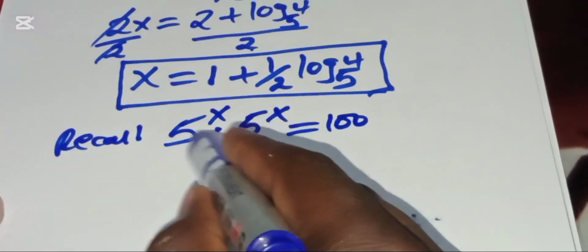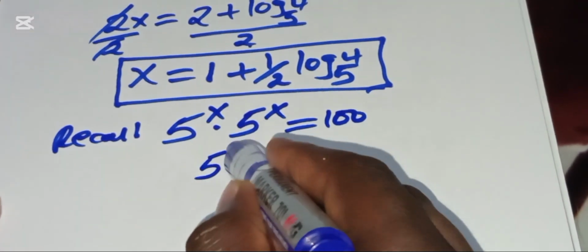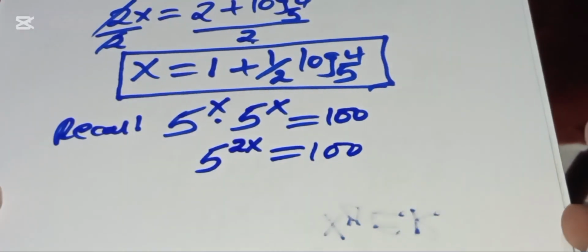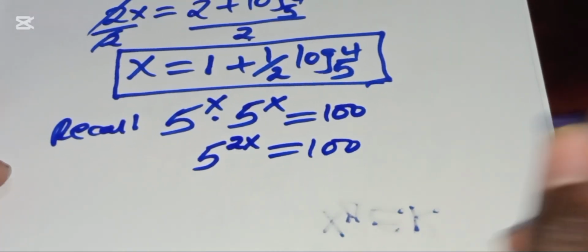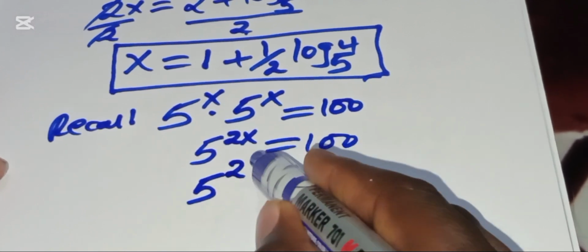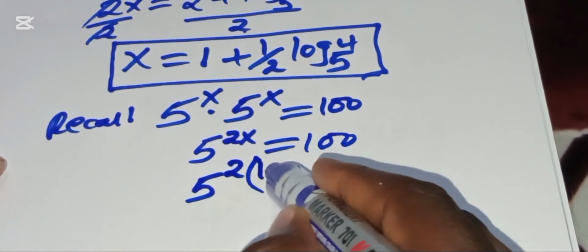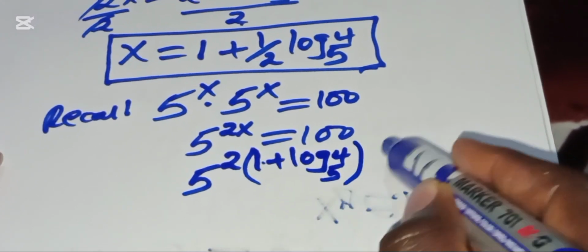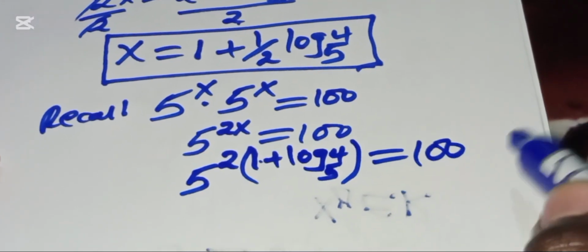This is the same thing as 5 raised to power 2x. So let's substitute the value of x: 2 into the bracket, 1 plus a half log 4 to base 5. This should give us a value of 100.